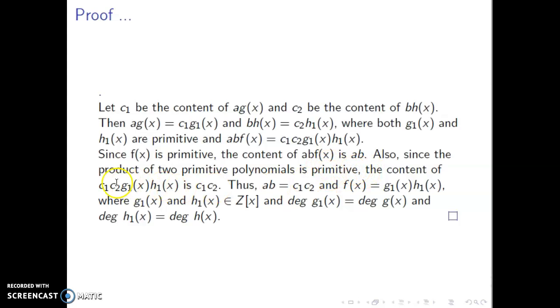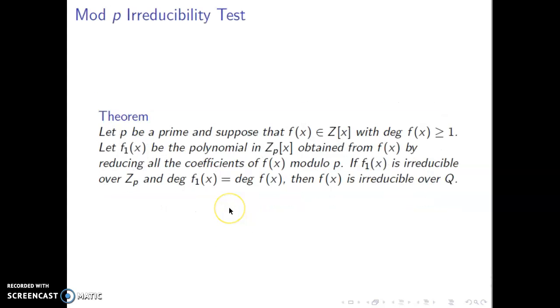Also, we know that the product of two primitive polynomials is primitive, and hence the content of c1 c2 g1(x) h1(x) is c1 c2. Therefore, ab is equal to c1 c2 and f(x) is equal to g1(x) times h1(x), where g1(x) and h1(x) are polynomials over the set of integers, and degree of g1(x) is equal to degree of g(x), degree of h1(x) is equal to degree of h(x).